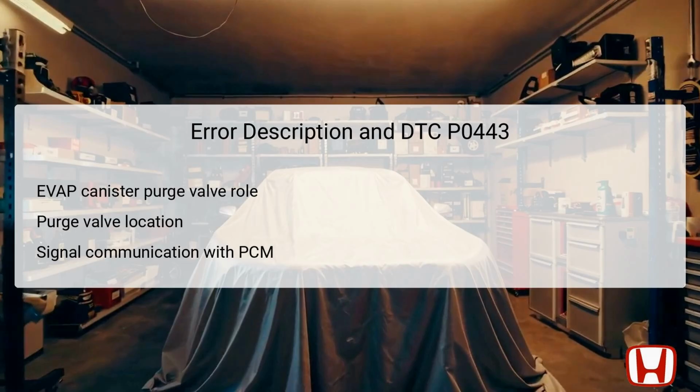By failing to regulate vapor flow properly, the vehicle may have increased emissions, which is not only harmful to the environment, but may also affect the vehicle's overall performance. Therefore, it's crucial for technicians to inspect the EVAP system thoroughly when this DTC is encountered.